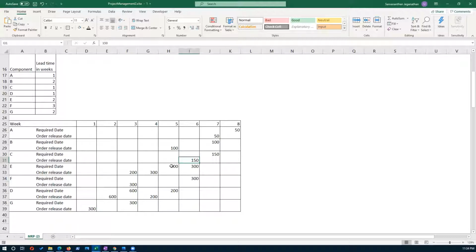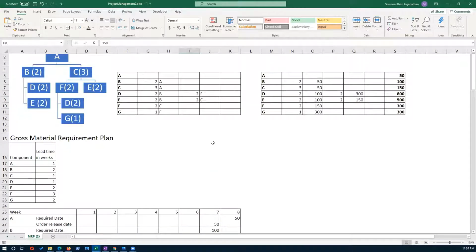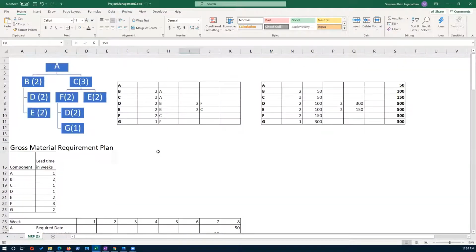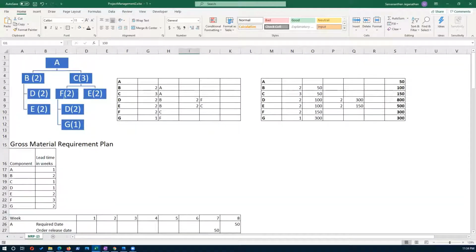Now F, so here, if you look at E, we also know that the unit E is also needed for B. So here, to manufacture C, you need 2 units. To manufacture B, you need 2 units, right?